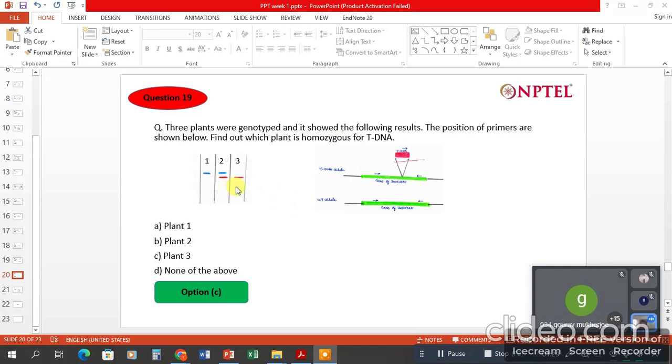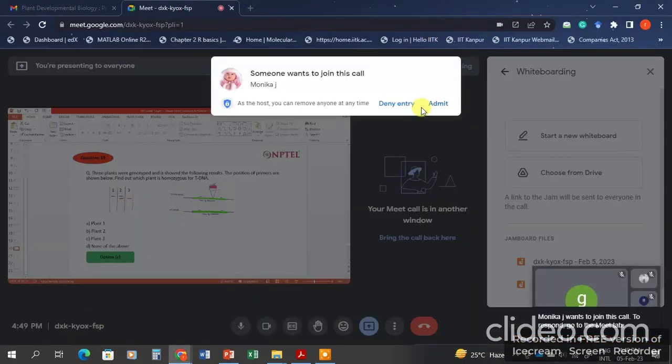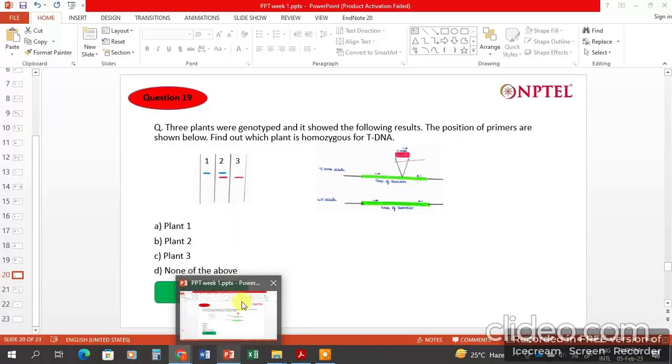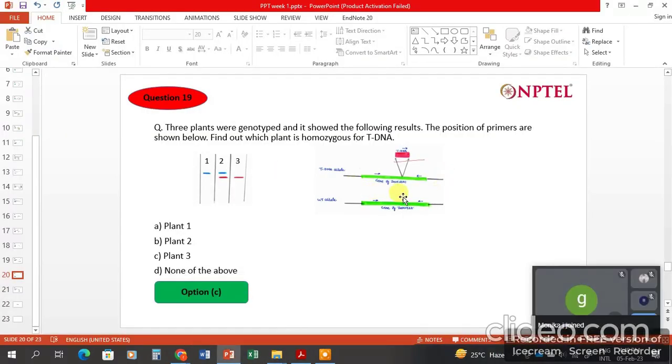When it is heterozygous, that is, in one of the chromosomes there is a tDNA insertion but in the other there is not, there will be two bands observed: one for the wild type and one with the tDNA inserted.